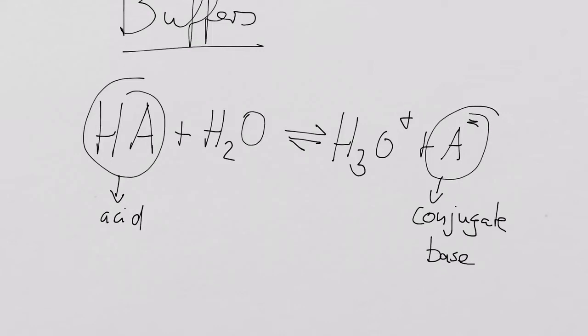Right? I've seen some people doing the quizzes and, not sure about that. So very simple. You have an A minus and an HA. The difference is one proton. And that is what makes it a conjugate base-acid pair.